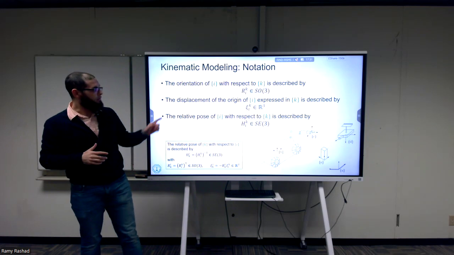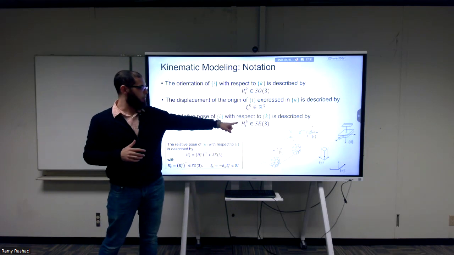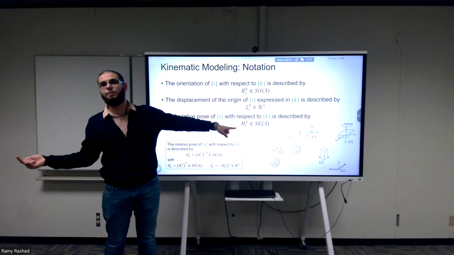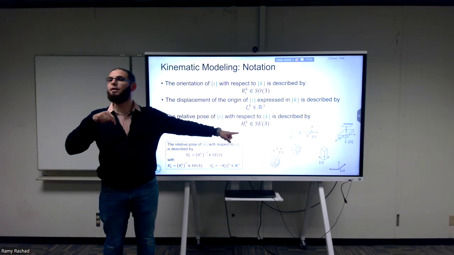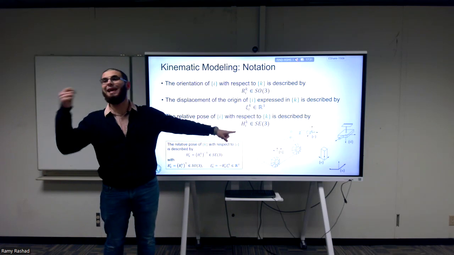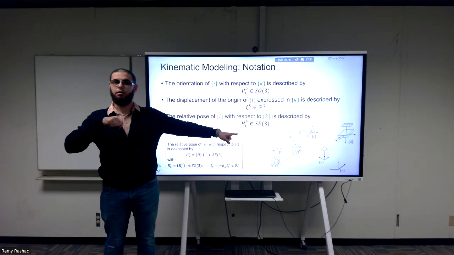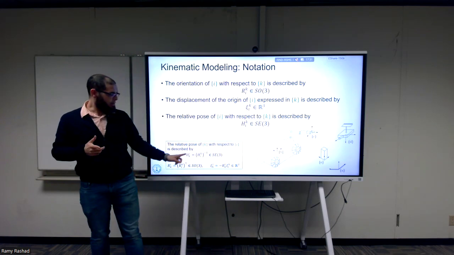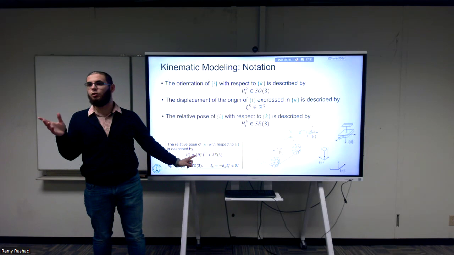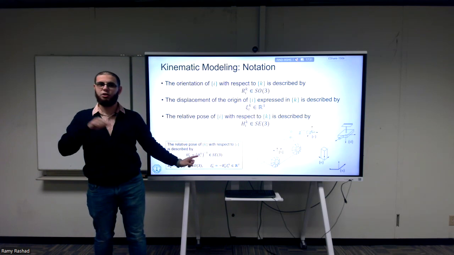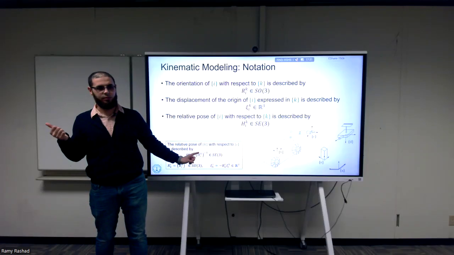Another question is, if I know the relative pose of frame I with respect to frame K, what would be the relative pose of frame K with respect to frame I? The inverse of it, and this inverse is not the transpose. The inverse of the rotation matrices was the transpose, but the inverse of the homogeneous transformations is not the transpose.